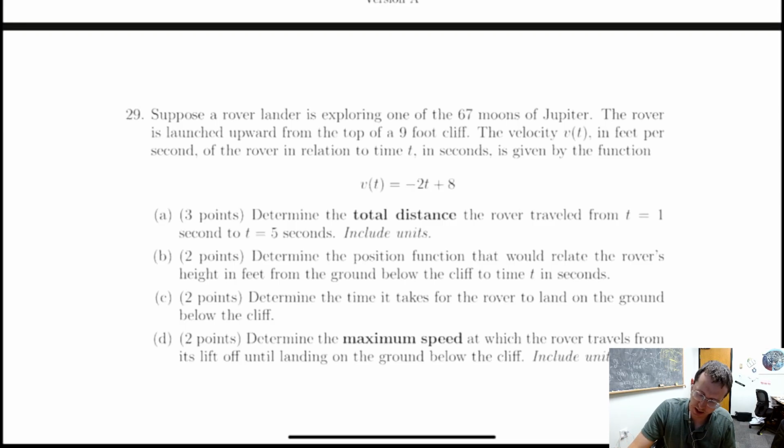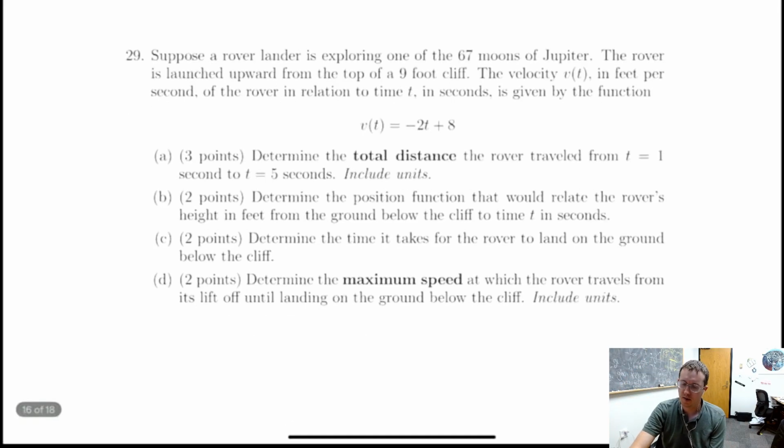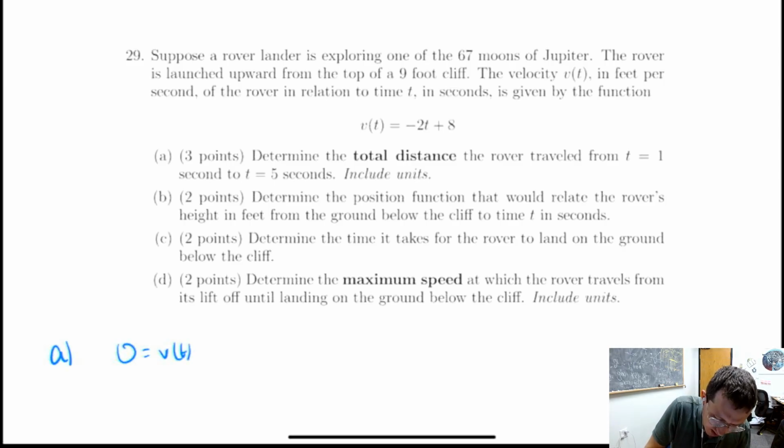So to do that, it's going up and then it's going down. I want to figure out at what time it stops going up and starts falling back down toward the ground. So I'm going to set the velocity equal to 0 and find what time that happens at.